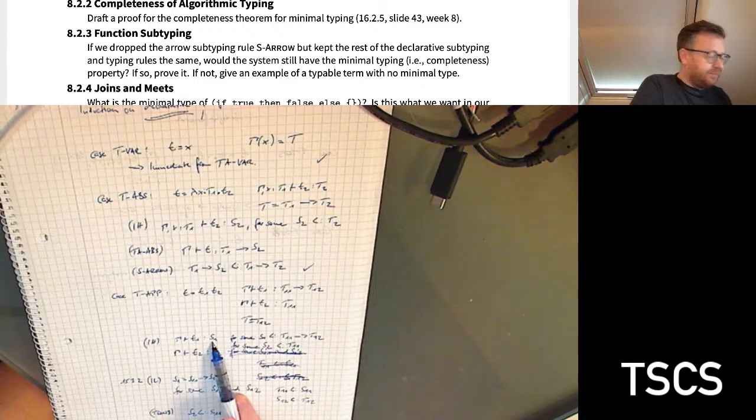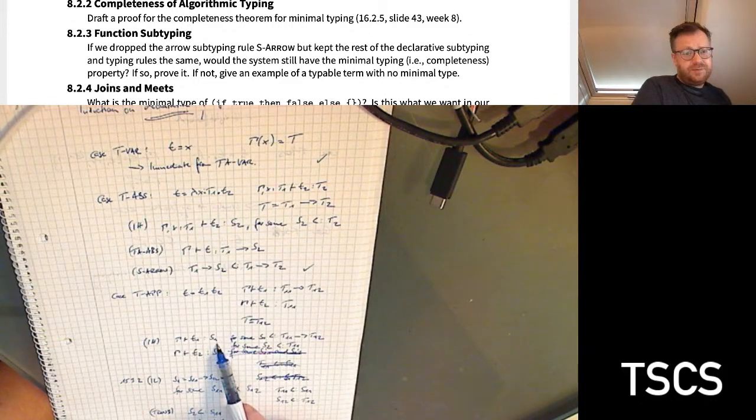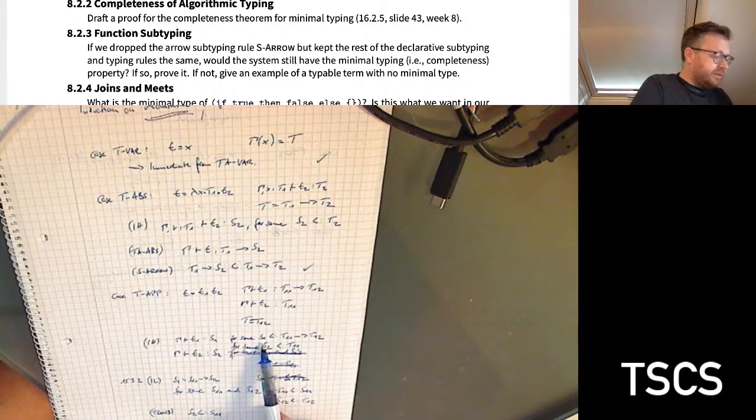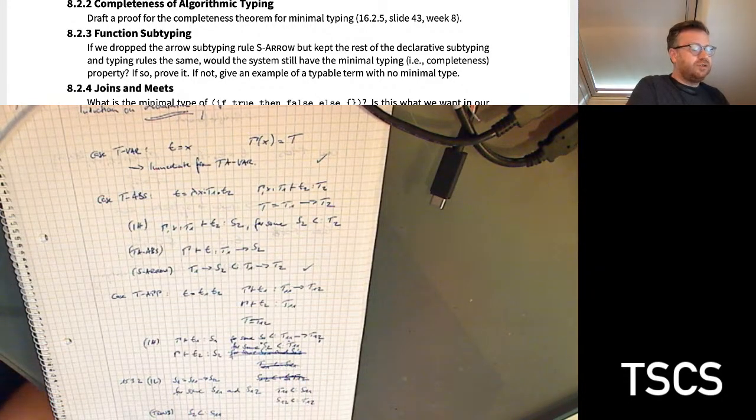This is S1, and it's the type of the first thing. And this must be a function type, and this is a subtype of T11 to T12. And so I don't think it can actually be a subtype of T12 itself, because then T12 would also need to be a function type. I hope that makes it clear.